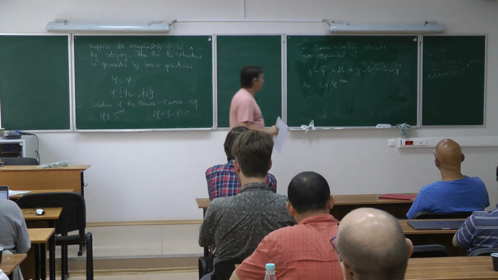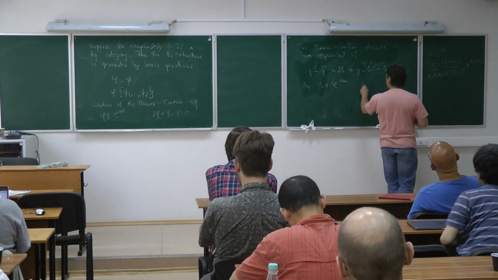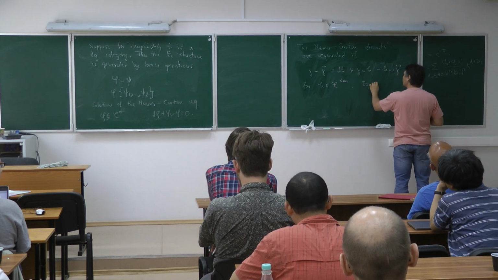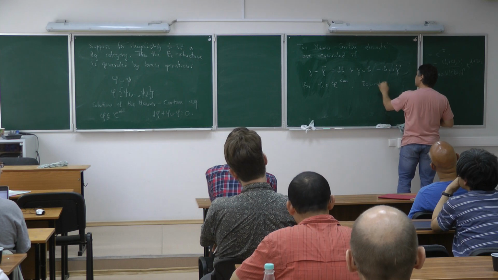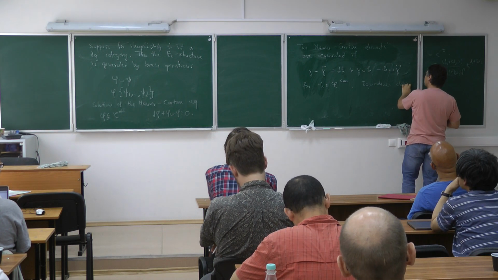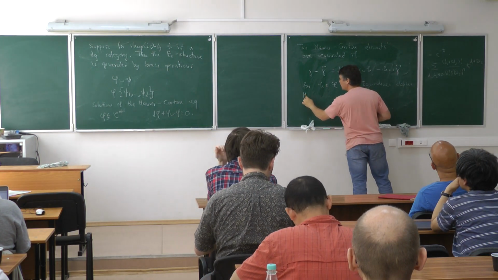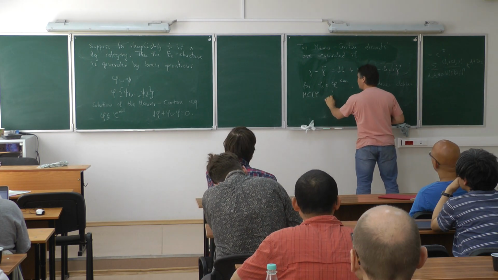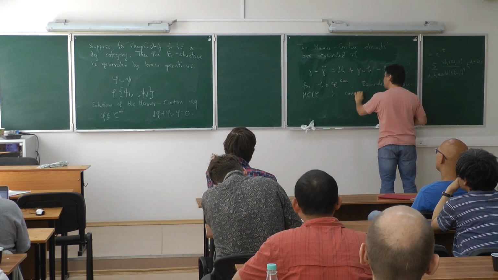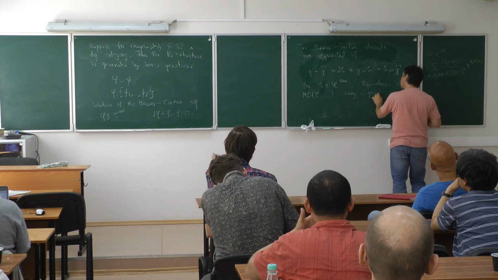So the equivalence classes, let's call this MC for Maurer-Cartan, carry a group structure.